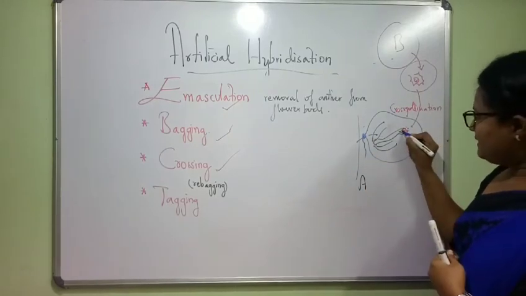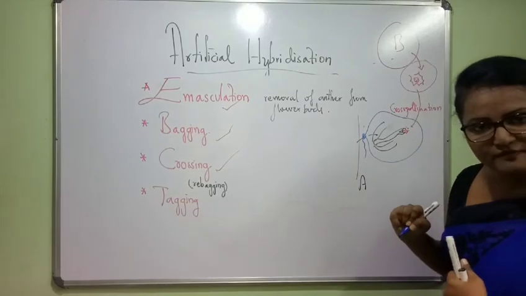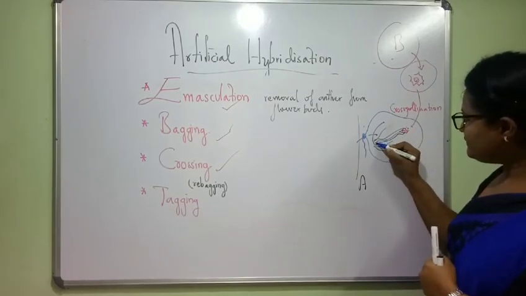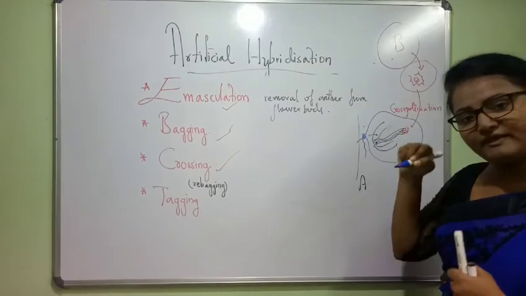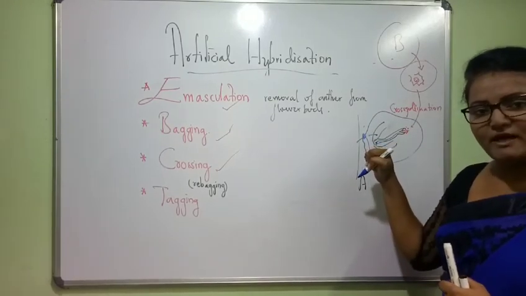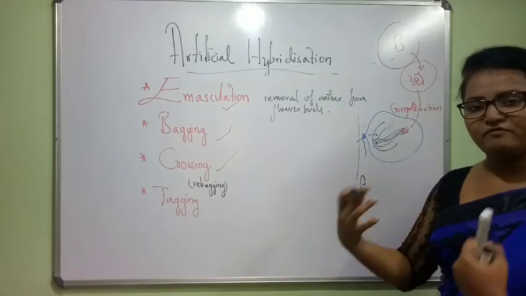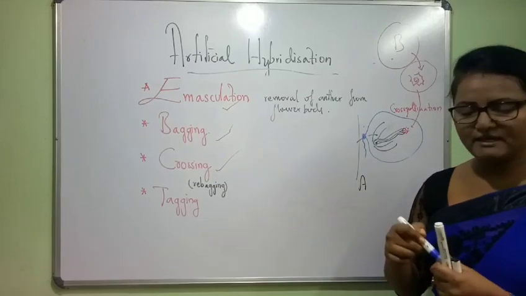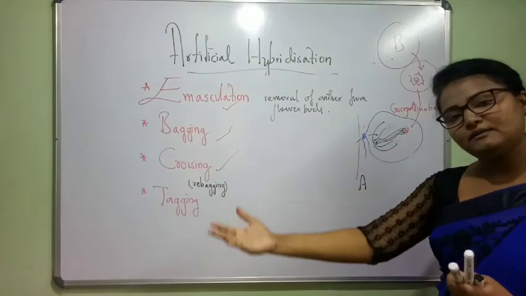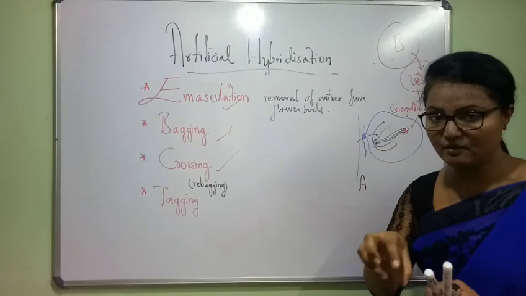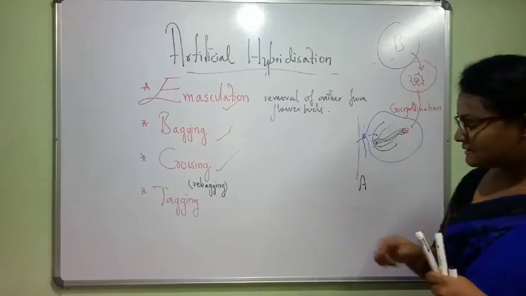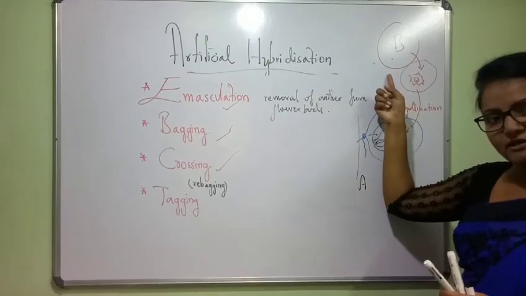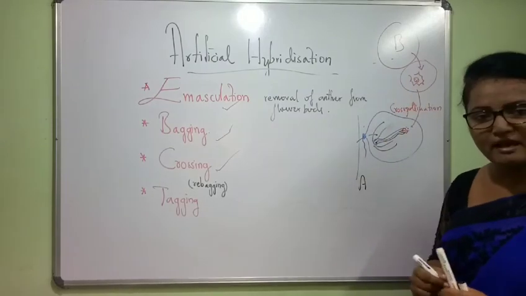The pollen grain dusted on the surface of the stigma matures, germinates, and fuses with the egg. Then seed is formed, fruit is formed. When we sow those seeds, they germinate and the hybrid is formed. That hybrid now contains a mixture of characters, plant A's character and plant B's character. So this is artificial hybridization.